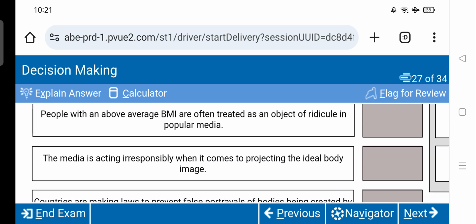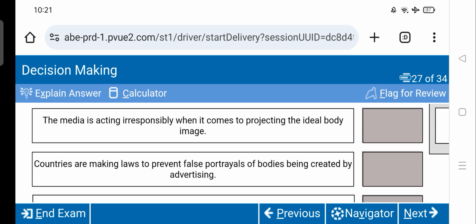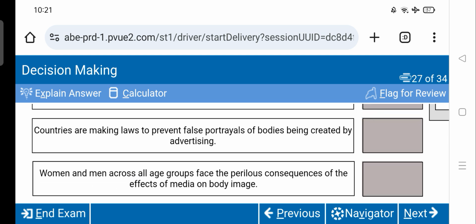The media is acting irresponsibly when it comes to projecting the ideal body image. Countries are making laws to prevent false portrayals of bodies being created by advertising. Women and men across all age groups face the perilous consequences of the effects of media on body image.